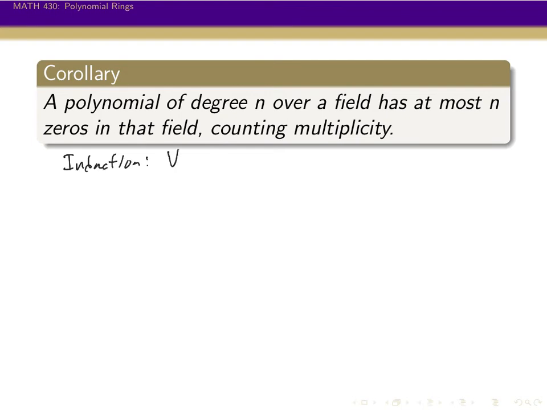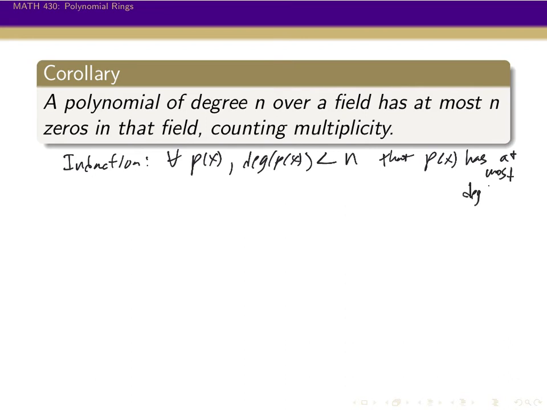We're supposing that for any p(x) where the degree of p(x) is less than n, p(x) has at most degree of p(x) zeros, and let f(x) have degree n.